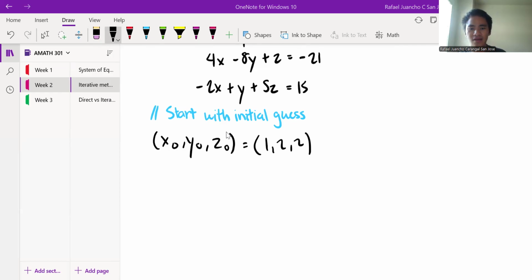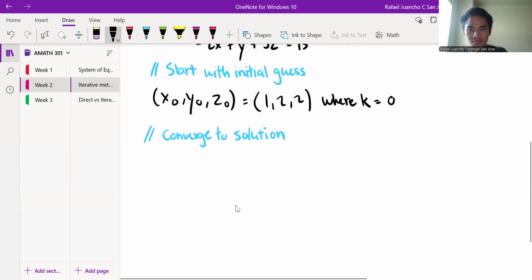And then as I continue, I should be able to get to a solution, right? So this is where k is equal to 0. And then I continue, right? My k converges to the solution. So that's what's happening here.